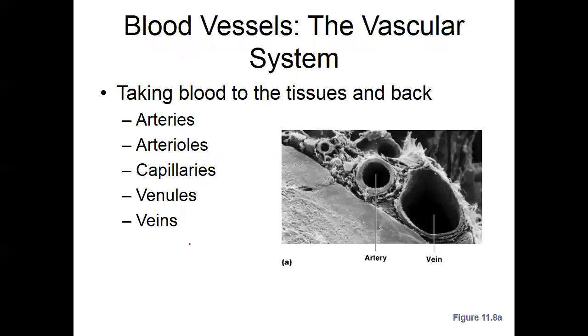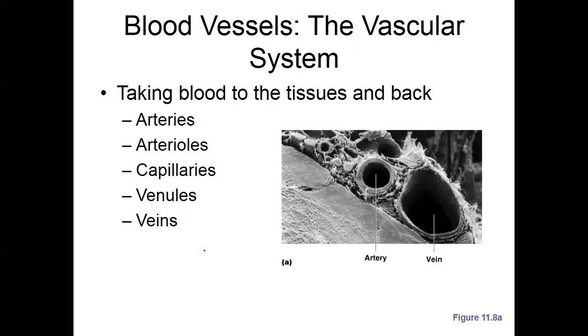So this is a microscopic picture of artery and veins, just to look at showing the difference in them. You can see the tunica media in this being the very thick muscular layer, the artery, and then obviously the larger, less muscular vein.